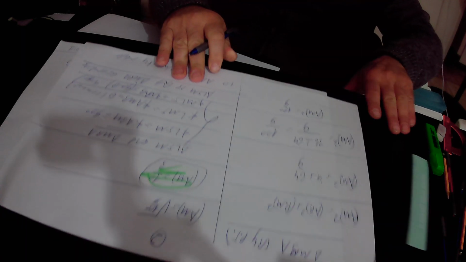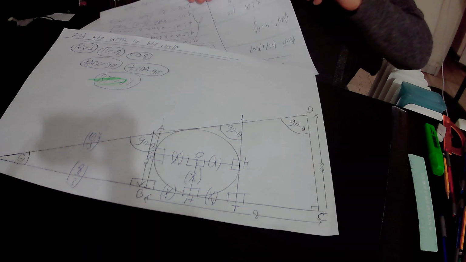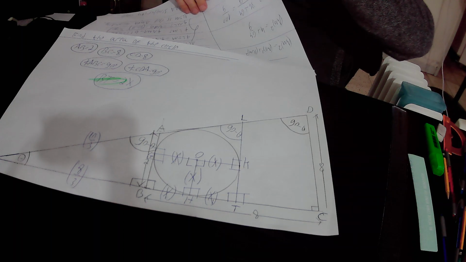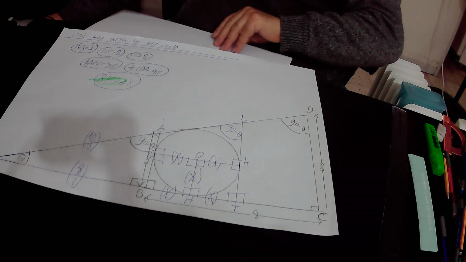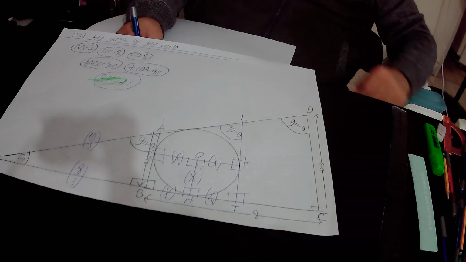And from the fact that the middle triangle is similar to the right small triangle, we will derive that the following relationship exists between their sides.